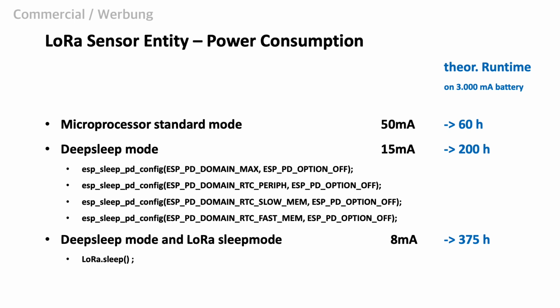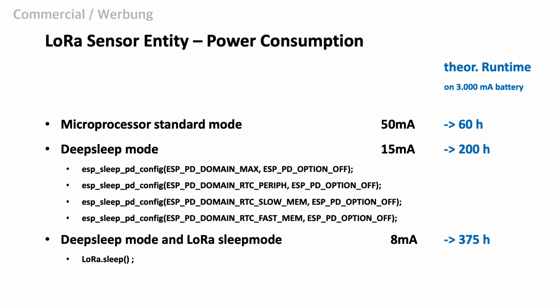Now, let's talk about the measurement results. In the standard mode, our board is drawing about 50 milliamperes, which in theory corresponds then to a runtime of about 60 hours with our 3000 milliampere hours battery. Applying the board's deep sleep configurations with the commands given yields about 15 milliampere average consumption during deep sleep.